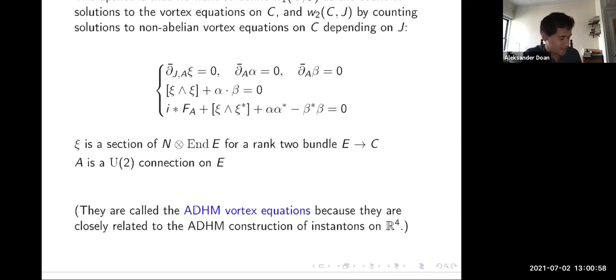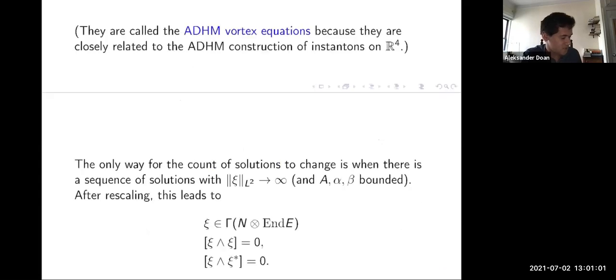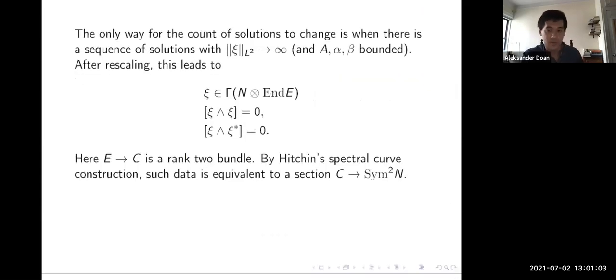And again, I will probably skip this slide, but let me just say that if you are familiar with the Hitchin equations, this is the so-called Hitchin spectral curve construction. Essentially, the point is that when I have a sequence of solutions to my gauge-theoretic equations which escape from the moduli space, my section of the normal bundle, tensor some space of matrices, will degenerate to a solution of this equation.